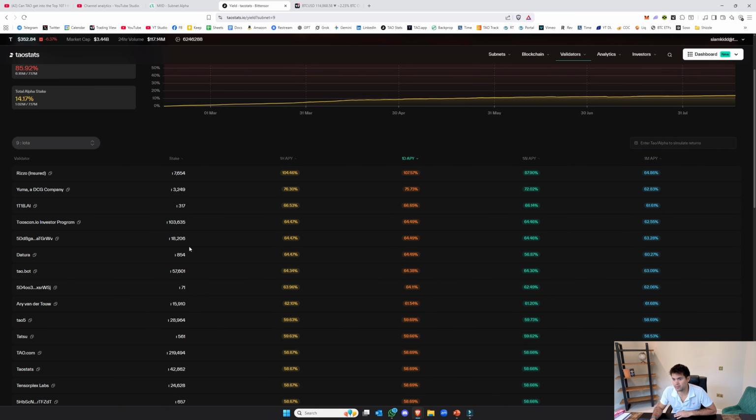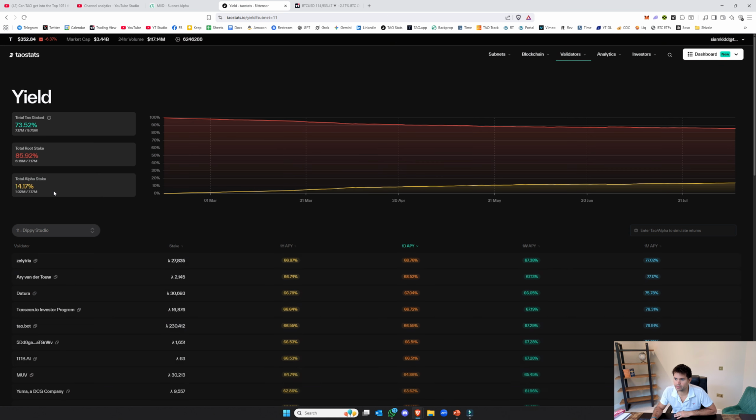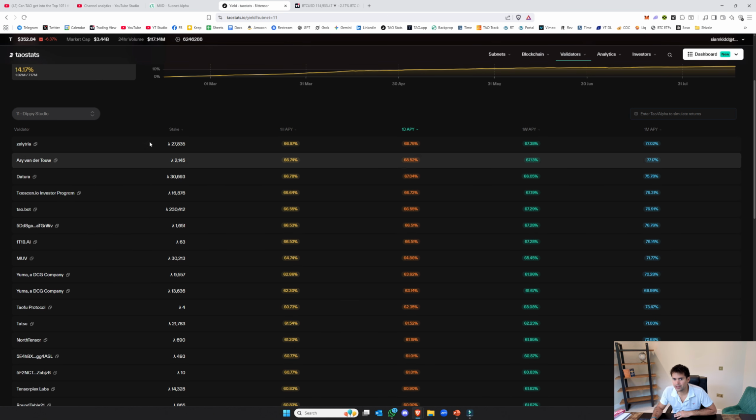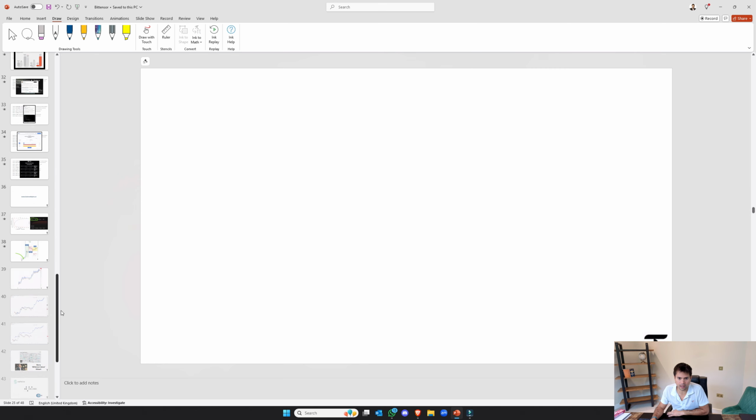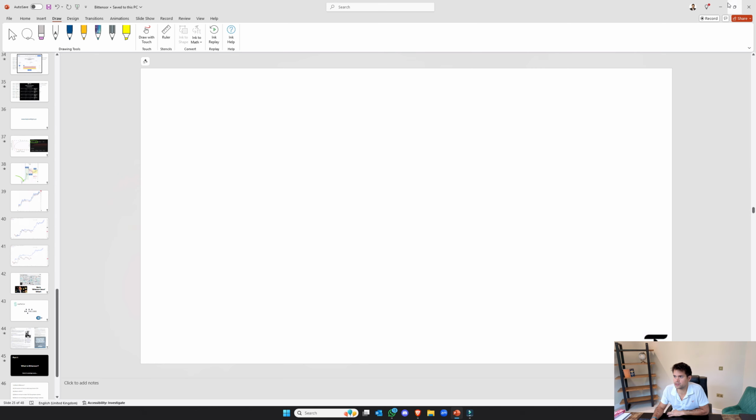IOTA, that's going to be a game changer, 60 odd percent. Dippy, about 70. So at the moment, most of the subnets have very high APY, and the APY will remain relatively high for the next 2 years because they're on a 2-year halving schedule.